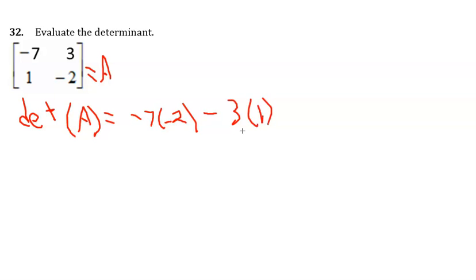We evaluate that. So you have 14 minus 3, and that equals 11.